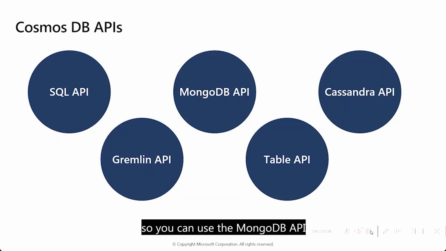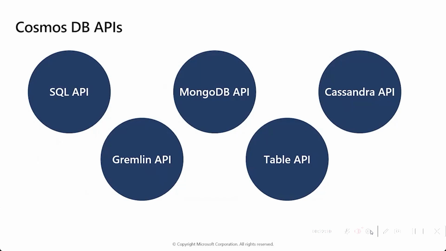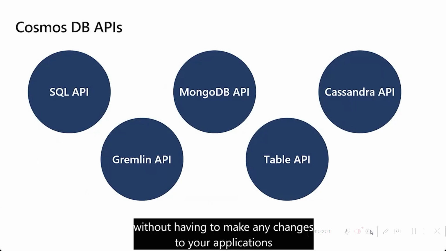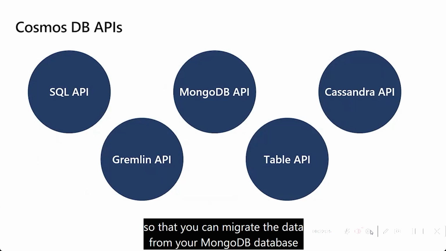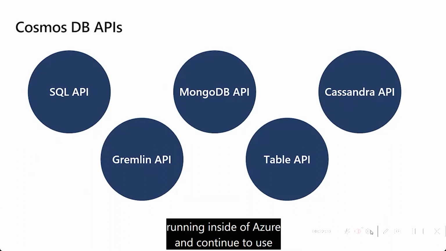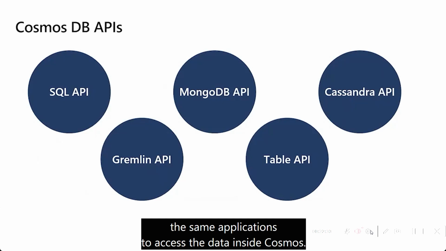So you can use the MongoDB API for Cosmos DB to enable a MongoDB application to run against Azure Cosmos DB without having to make any changes to your applications, so that you can migrate the data from your MongoDB database to a Cosmos DB database running inside of Azure and continue to use the same applications to access the data inside Cosmos.